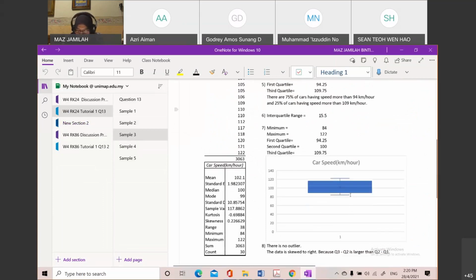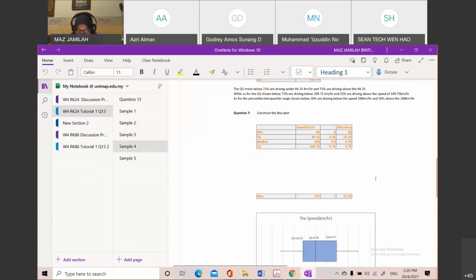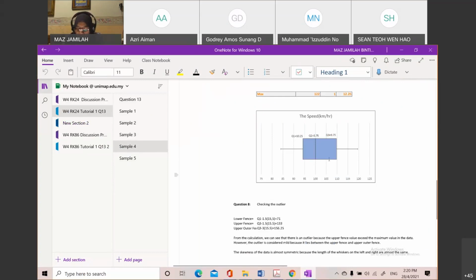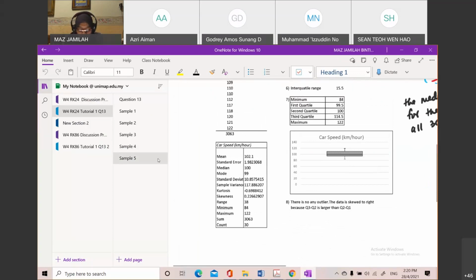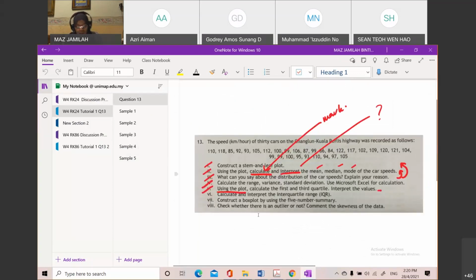It's just that for the third sample, you do the box plot different, vertical and horizontal, compared to the previous box plot. I guess this one is much better because we put all the values for Q1, Q2, Q3. So there will be no problem for question number 6.